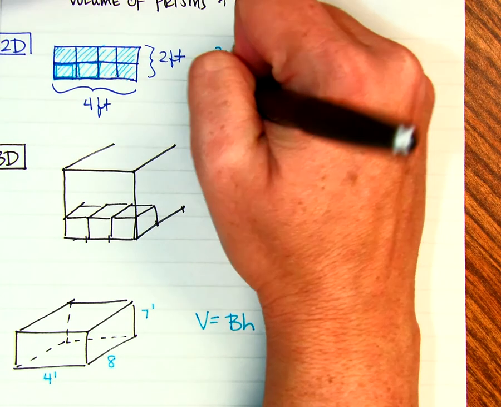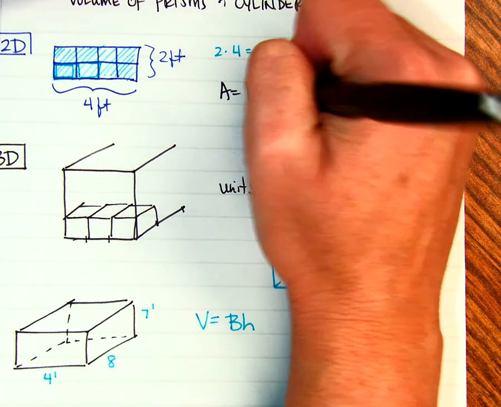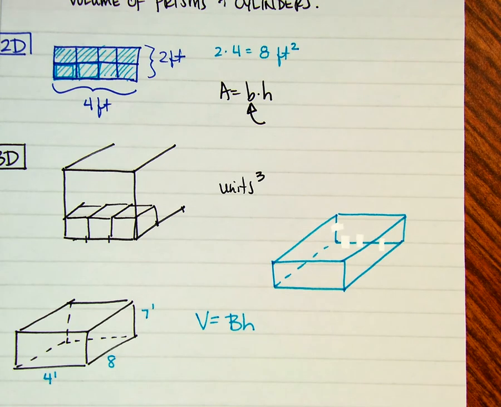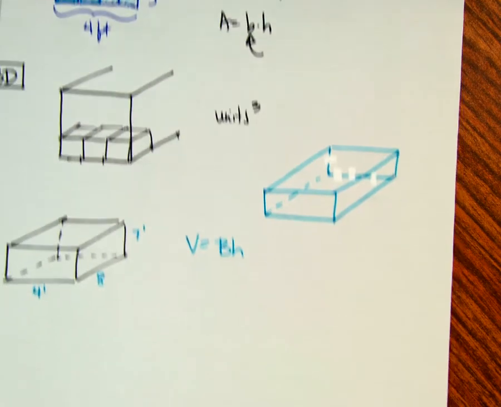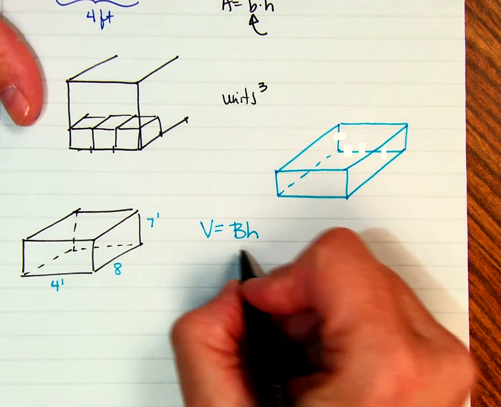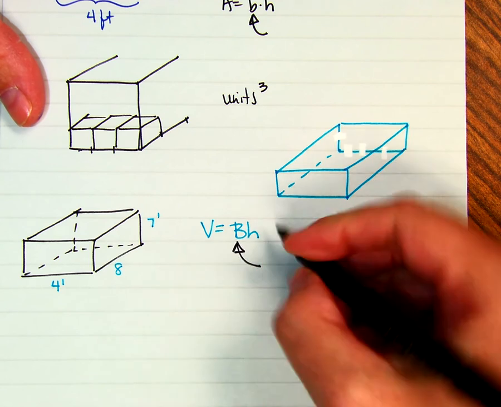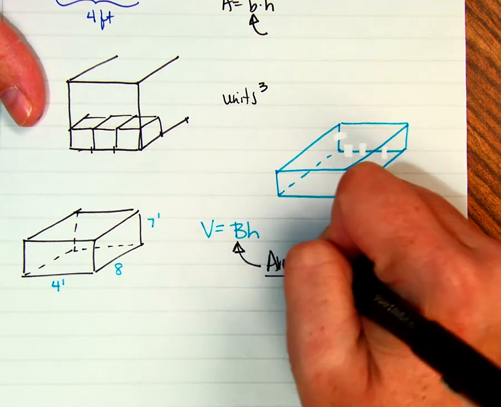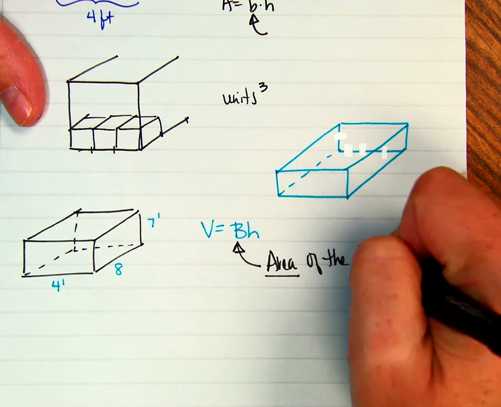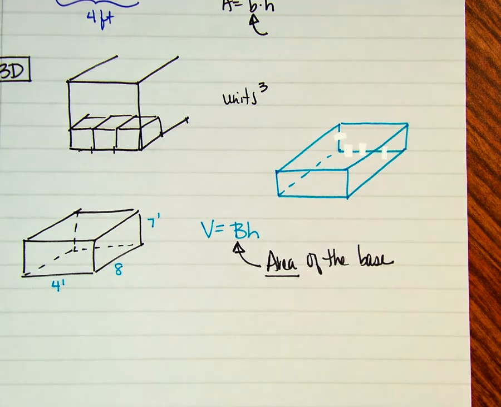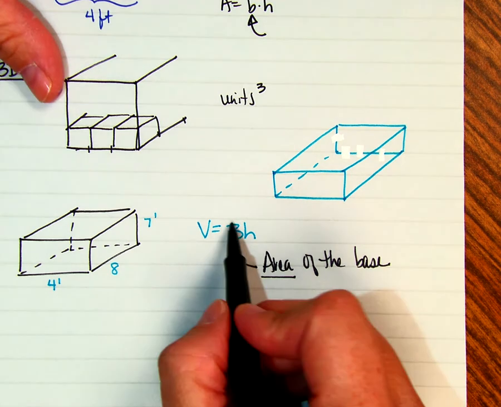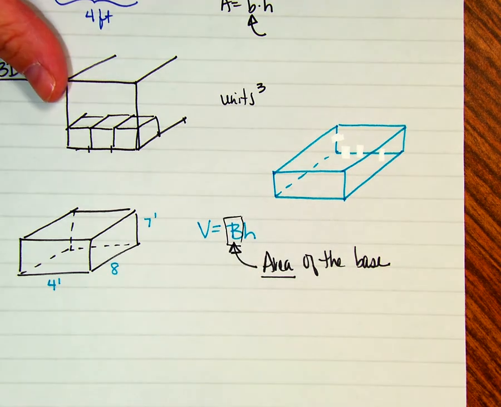This was that the area equals base times height. Notice it's a lowercase b. That is for base. This is a capital B. Capital B is representing the area of the base. So think of this almost like a formula within a formula.